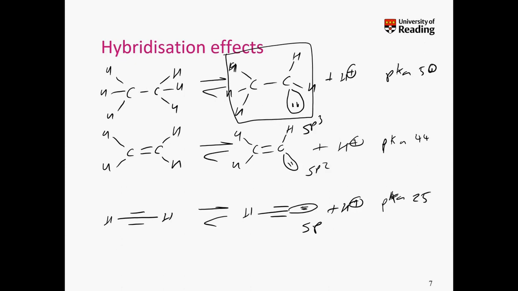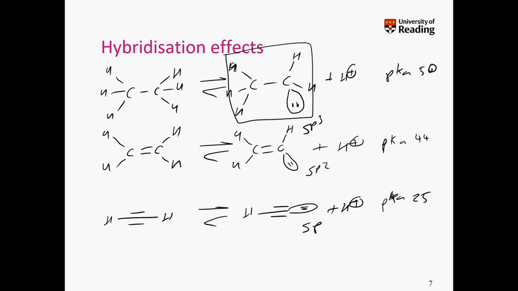So the more s character we have, the closer that extra electron in the anion can be to the positive nucleus of the atom, and therefore the more stabilized it can become, and the more acidic it can become.